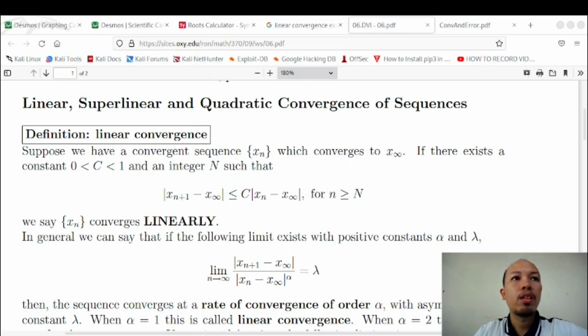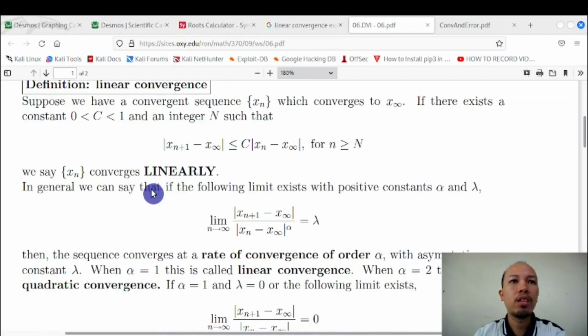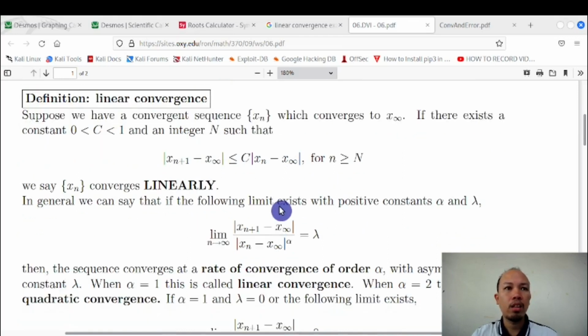example 25. Okay, so this is another definition, and this is the same as in the PDF. x sub infinity is our limit.